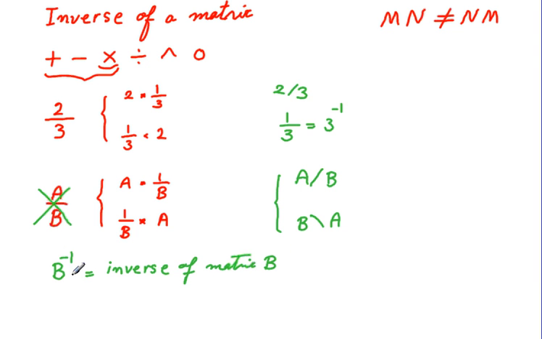The month or so that we are spending is about figuring out what that inverse is going to be. Let me give you a heads up that the situation is not going to be all that straightforward. If I have a matrix like 2, 3, 3, 5, you are going to learn how to find its inverse B inverse.